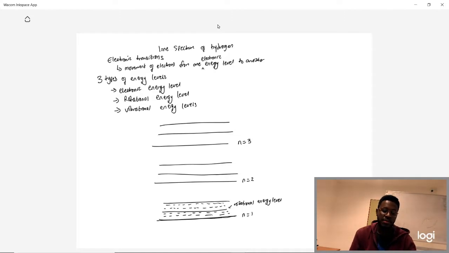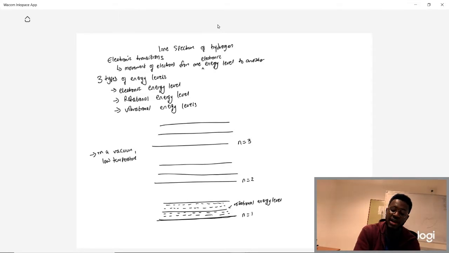Okay. So when you're explaining the line spectra of hydrogen, if it happens in a vacuum at 0 Kelvin or something, so when there's no temperature effect, then you're only going to see electronic transitions. So the line spectrum of hydrogen is mostly talking about electronic transitions in a vacuum, at low temperature.